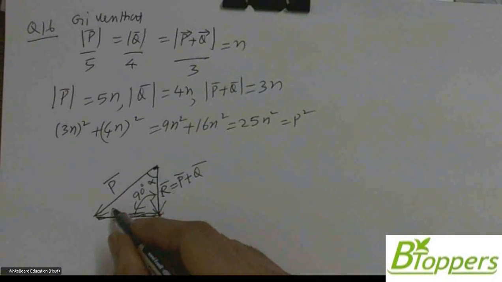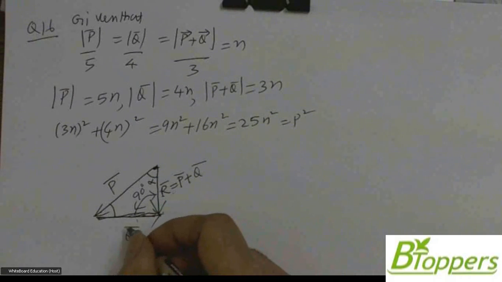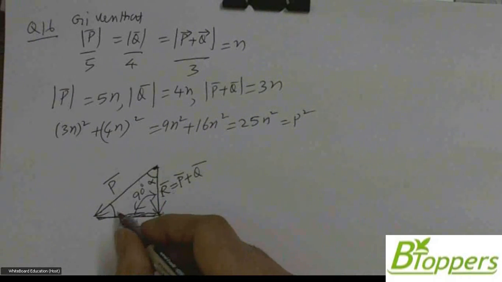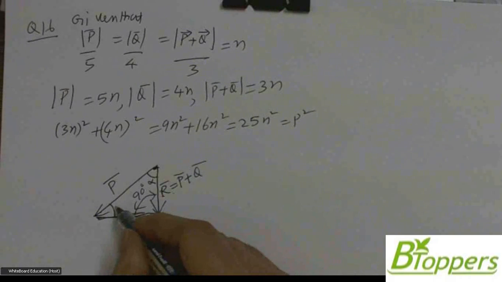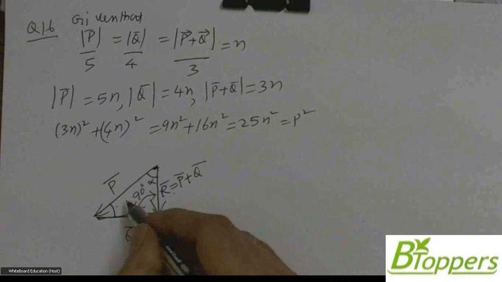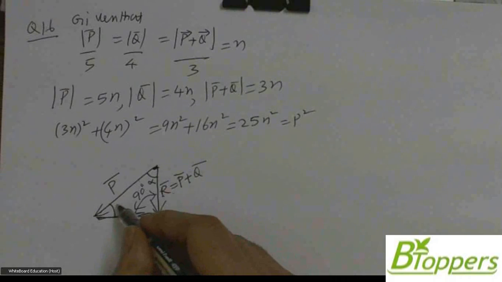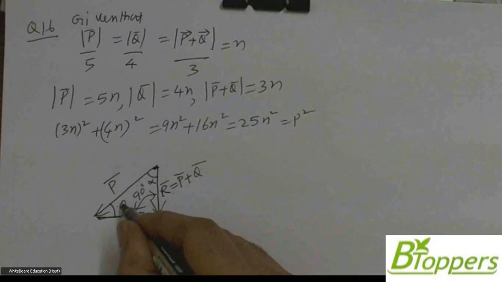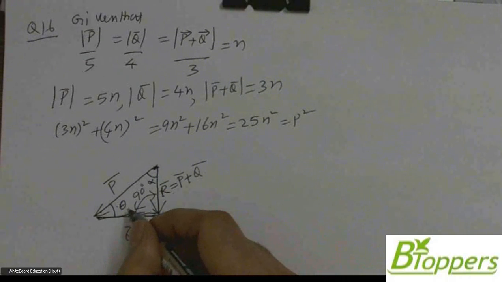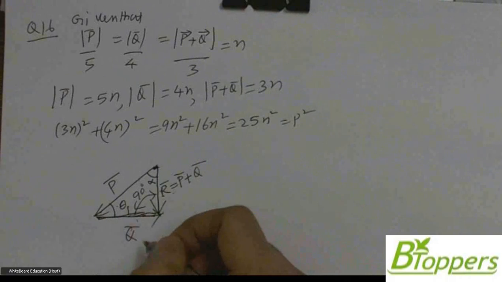So this angle will be equal to, in this right angle triangle, 90 minus alpha. Let us call this angle for convenience theta 1.